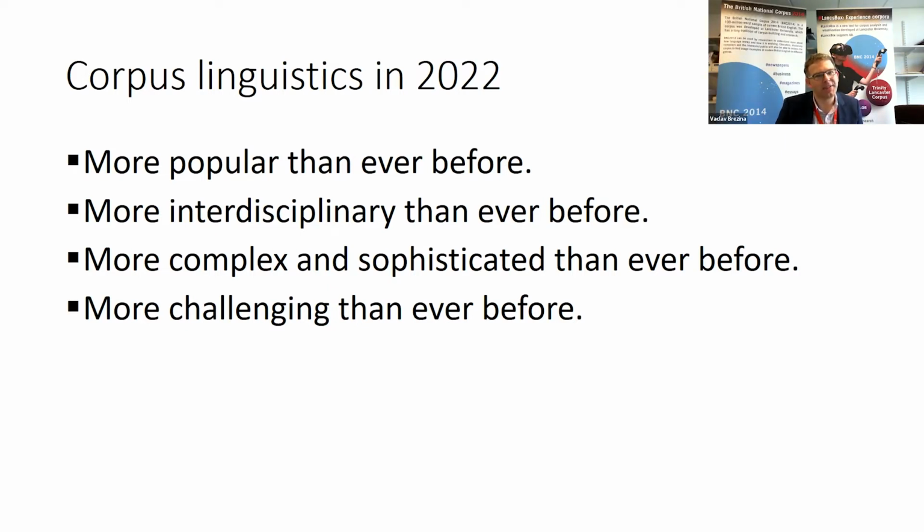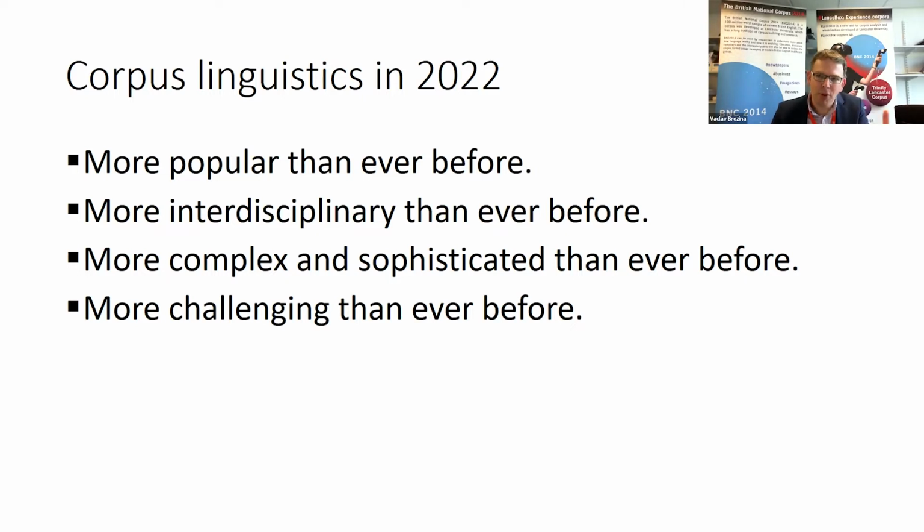We know that corpus linguistics nowadays is much more popular than ever before, much more interdisciplinary than ever before, but it also brings certain challenges, the complexity and sophistication of the analyses that are required, for instance, and the challenges to the individual corpus linguist, the user who is starting with corpus analysis in particular, how to orient themselves in the vast range of tools and methods that are available nowadays.